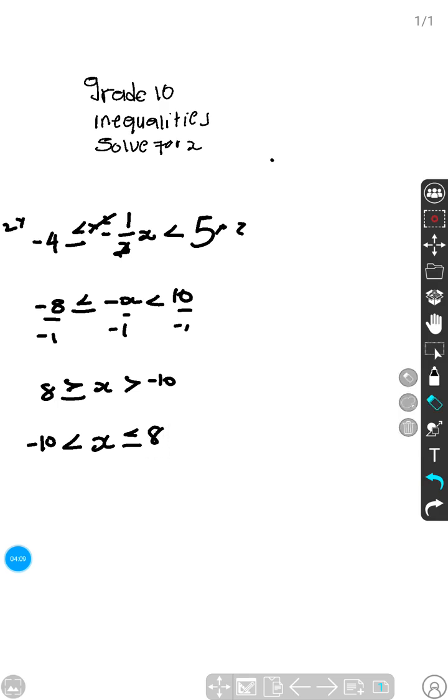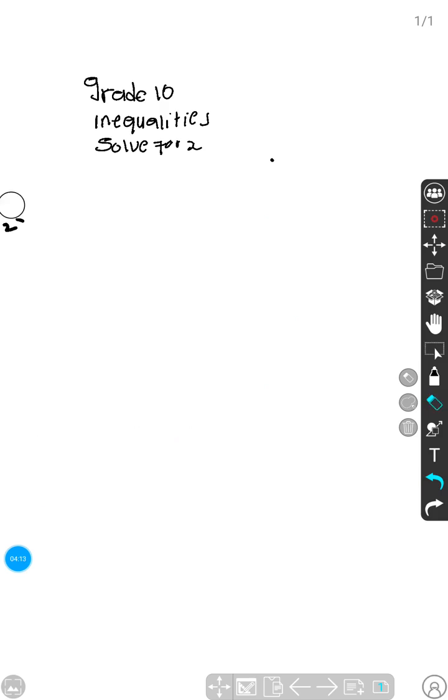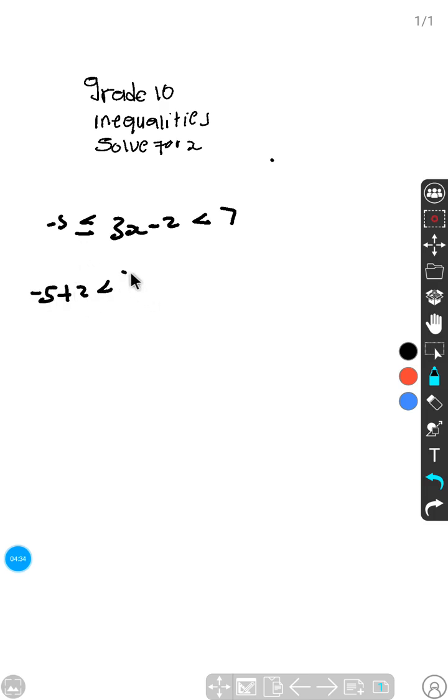Alright, let's look into another question. So in this question, we have 3x in the middle minus 2 less than 7 but greater than or equal to minus 5. So the first thing that we do, we take the 2 this side and this side. So minus 5 plus 2, 3x, 7 plus 2, right?